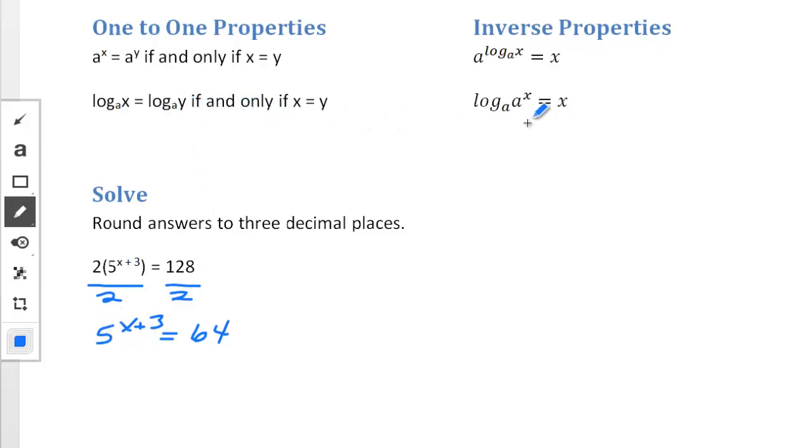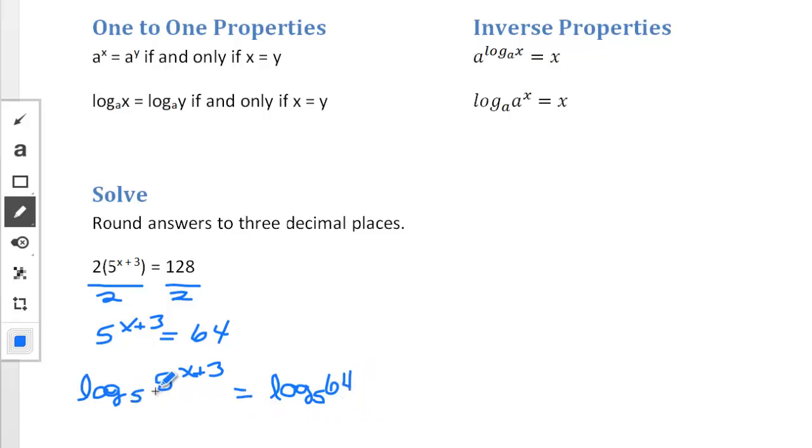So we're going to use the inverse property and take the log base 5 of 5 to the x plus 3 to isolate that. So log base 5 of 5 to the x plus 3 will be equal to, whatever we do to the left side of the equation has to be done to the right, log base 5 of 64.